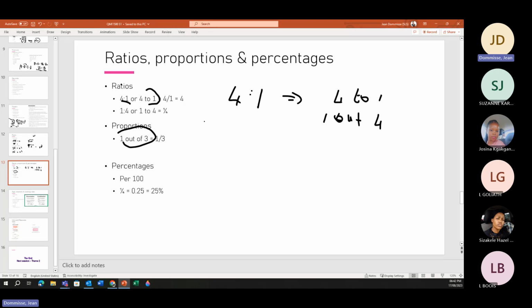For ratios, they use the word to, and for proportions, they use the words out of. So be careful when they use words instead of the normal math science that we are used to.